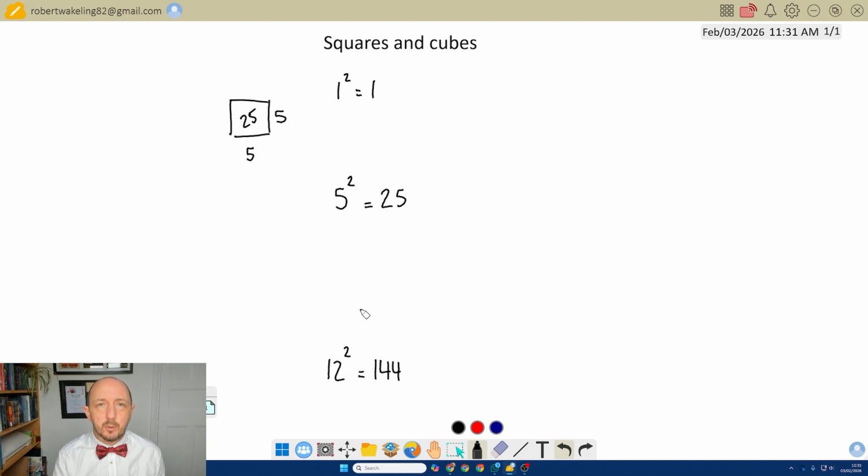But also you want to recognize the square numbers like, say, 49. You want to be thinking that's 7 squared, because in the exam, as we get higher up, they use numbers that you would know the square root of, which is going back the other way.